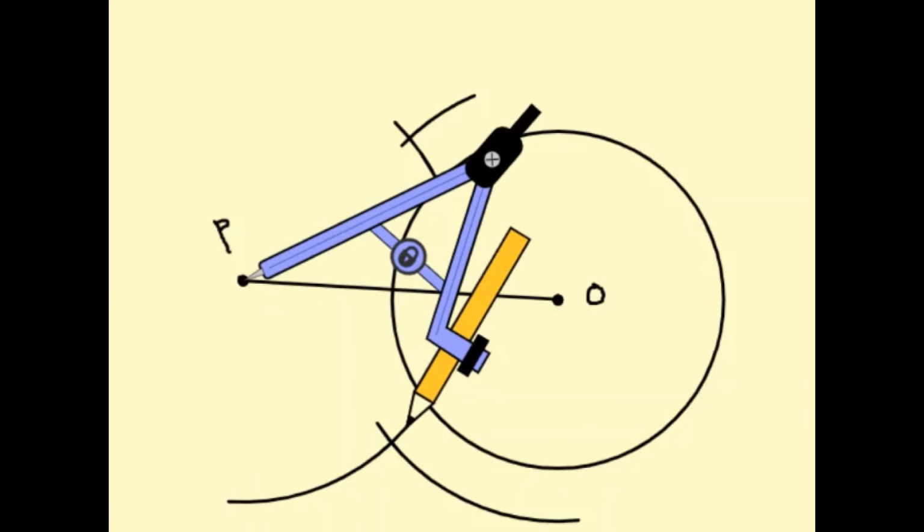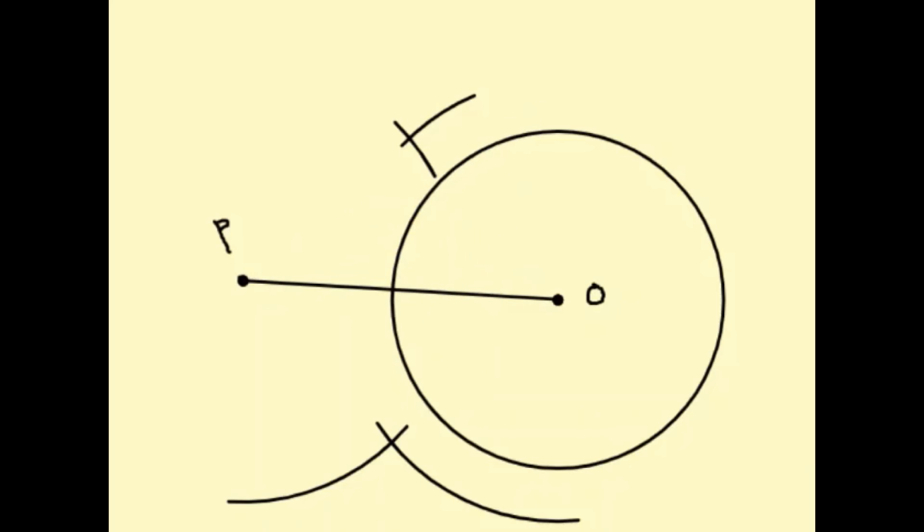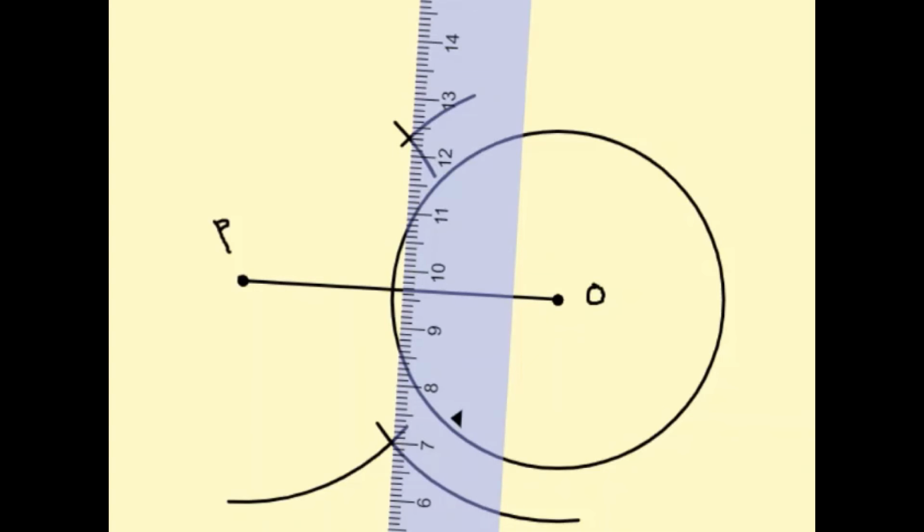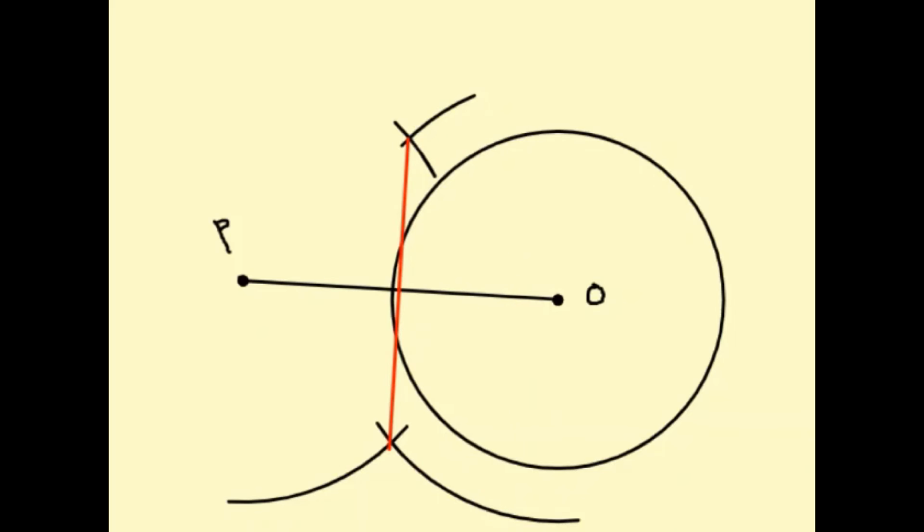Okay, now remove it, and then using the ruler join these two points. Yes, let us join these 2 points. Okay, now what have we got? We have got a point of intersection of OP and the perpendicular line which we have drawn on OP. So let us call it M.